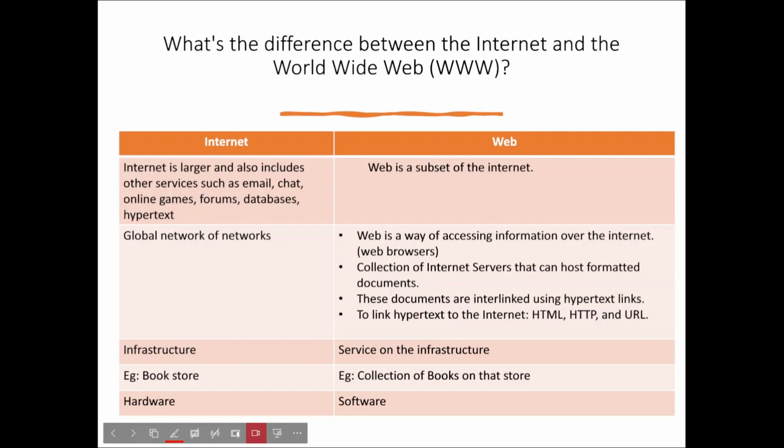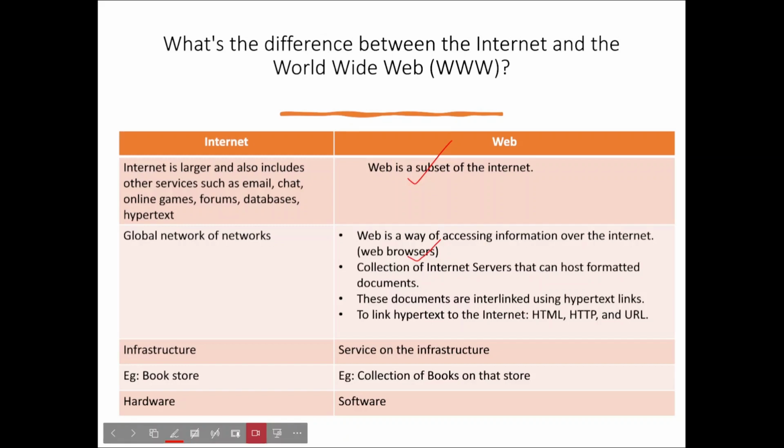And if you want to access the web, that is done through an application called a web browser that has to be there in your computer. So web is a way of accessing the information over the internet through the web browser. And the link through which you are connecting is called hypertext. I hope I'm making sense, right?